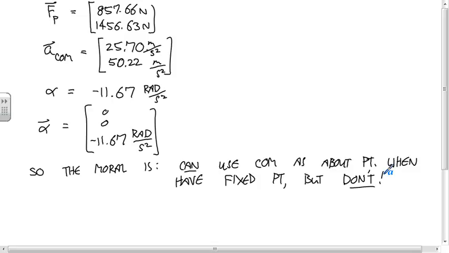As long as its orientation is changing, you could imagine it as a translation of a point that's not even on the body and a rotation about that body. You could always break it down that way, but it never does you any good to think of it as a rotation about anything but the center of mass. And the reason is that we have equations for calculating the acceleration of the center of mass, but we don't for any other points. So you always either want to think of it as rotating about a fixed point or rotating about a center of mass at the same time that the center of mass is moving.